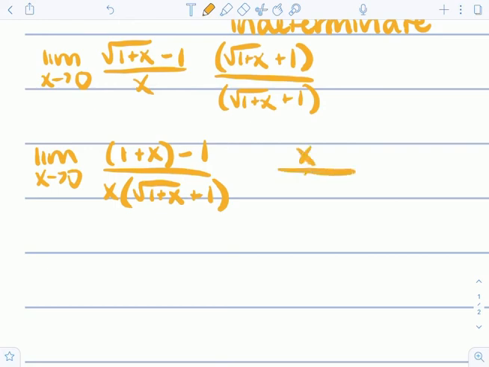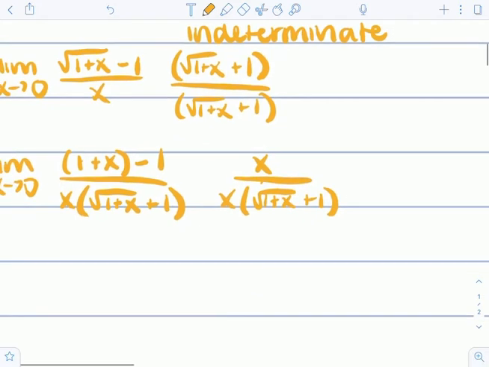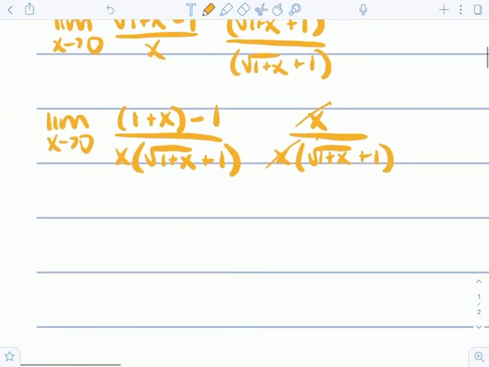So we get x on top, over x times the square root of 1 plus x plus 1. The reason we don't want to simplify the bottom part is that now we can cross out these two top parts to get limit as x approaches 0 of 1 over the square root of 1 plus x plus 1. And so what's our last step?